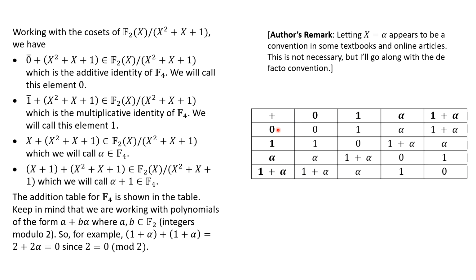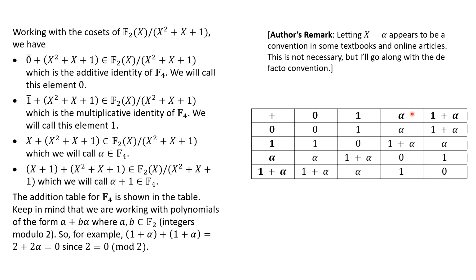So of course, 0 plus anything is itself. So this row and this column are pretty easy. Then 1 plus 1 is 2, but 2 mod 2 is 0, so that's not too hard. Then 1 plus alpha gives you another element, 1 plus alpha. We don't need to do any reduction there.